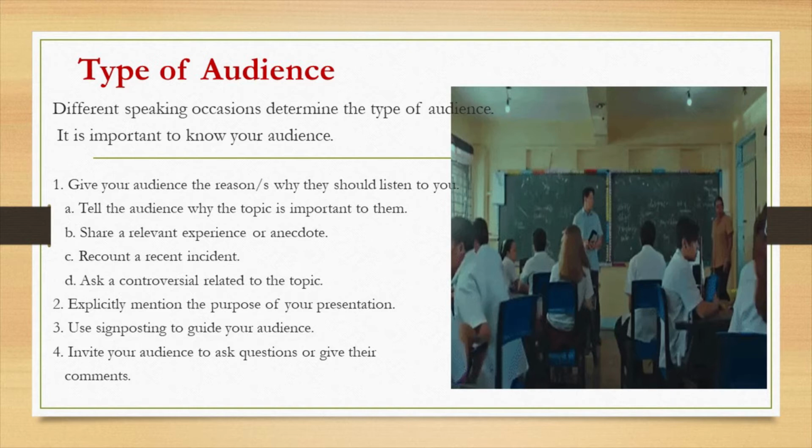Under which we have the following. A, tell the audience why the topic is important to them. B, share a relevant experience or anecdote. C, recount a recent incident. D, ask a controversial question related to the topic.